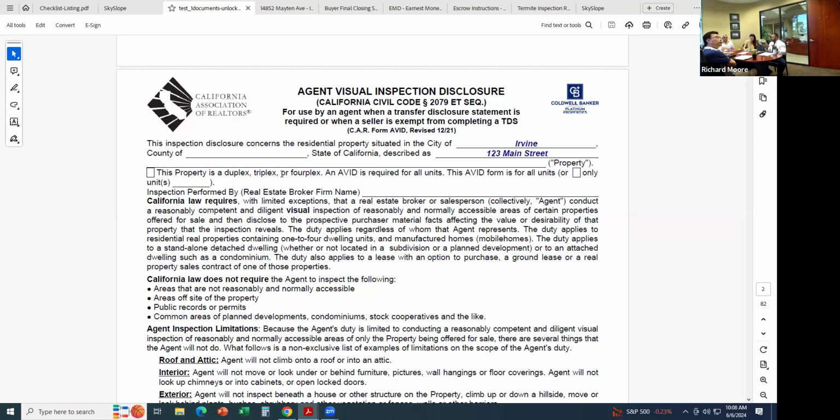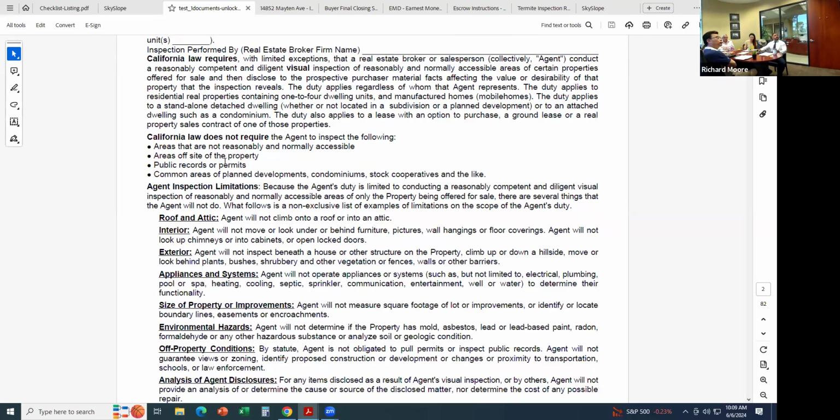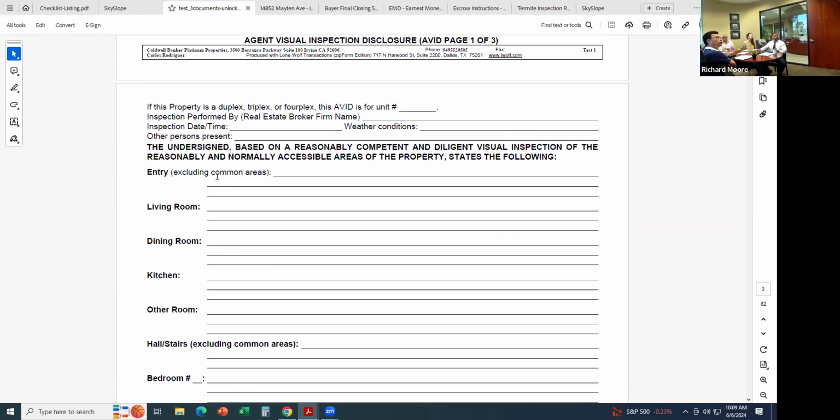The agent visual inspection disclosure form is pretty much exactly what it says. It's an agent visual inspection of you walking through the property and noticing if there are any deficiencies in the property, right? If you walk into the living room and there's a broken window, you're going to type in broken window.